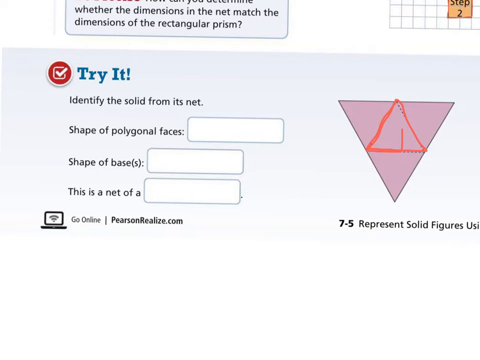get our shape here. First of all, they've got some preliminary questions here, though. The shape of the polygonal faces, so the shapes of these faces, shapes of these sides would be triangles. The shape of the base, which is that red triangle, obviously is a triangle.